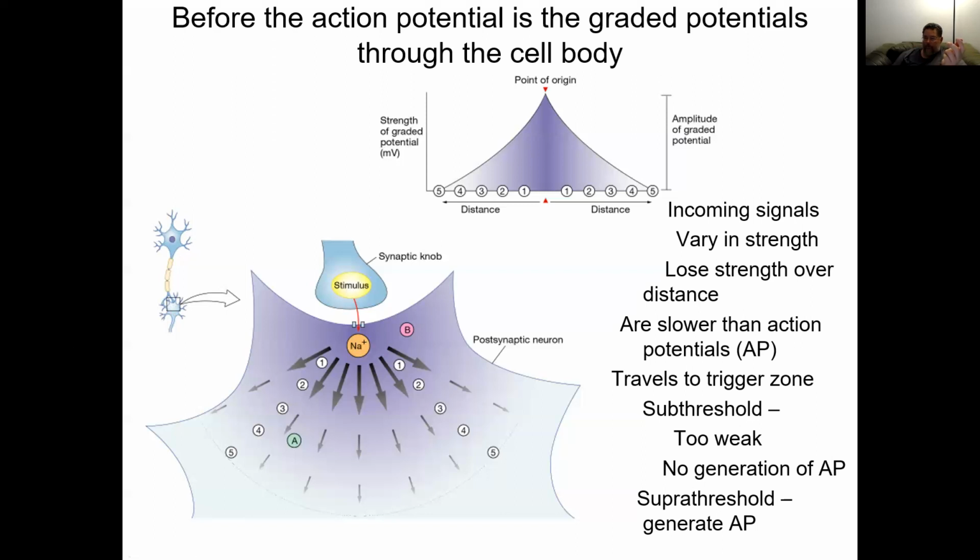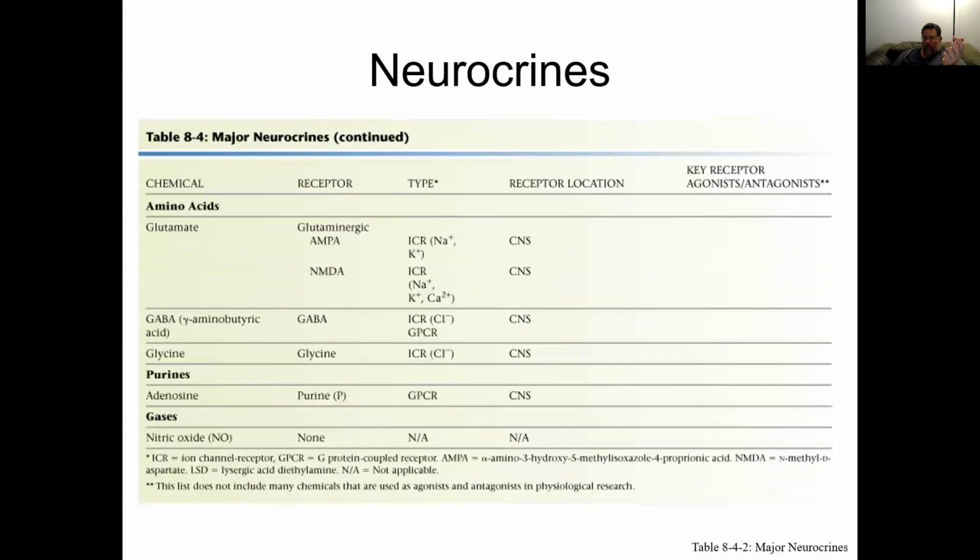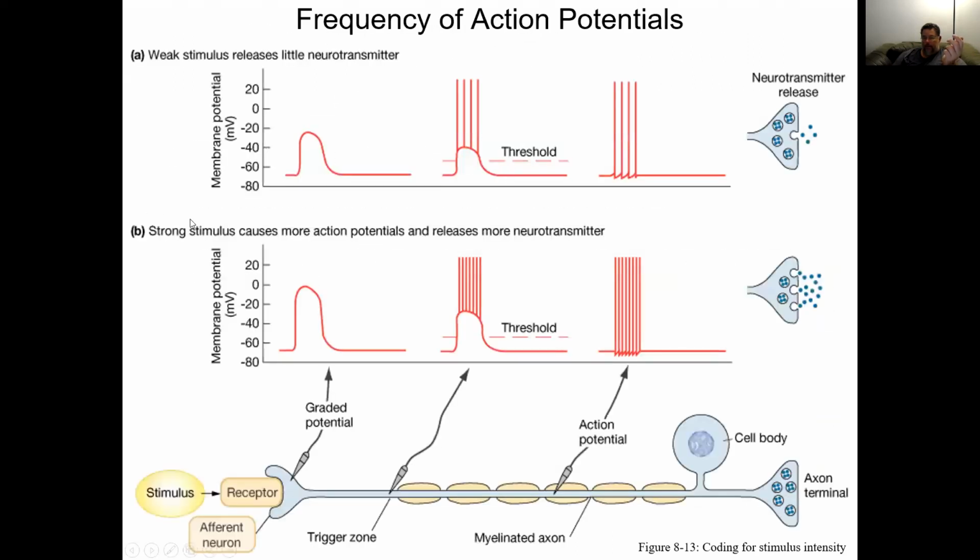And remember what the millivolts were? If we go back to this slide here, the threshold is around negative 55 millivolts. If you look at the previous presentations, you'll see that that's the typical trigger threshold for opening up those sodium channels. Different authors and cells may be a little bit different, but that's about the extent of it.